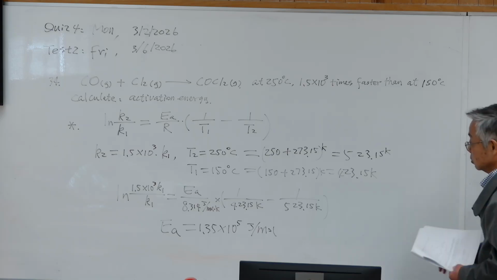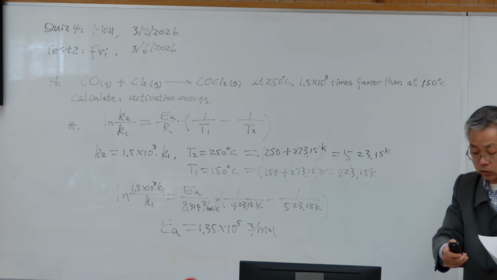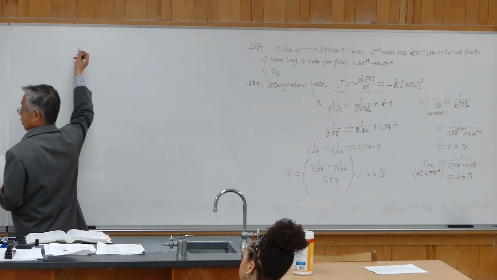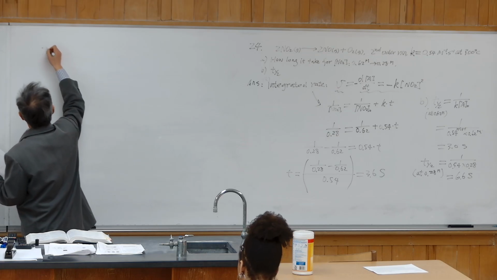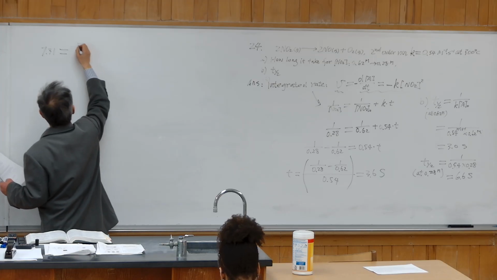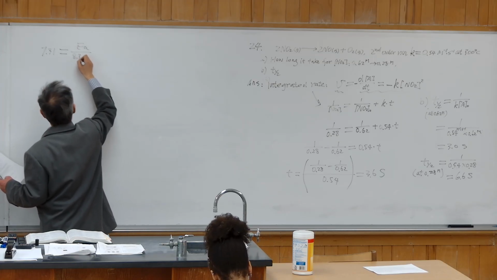If you want, I can show you more. The log of 1,500, the actual number is 7.31. Then on the right side, EA over 8.314.